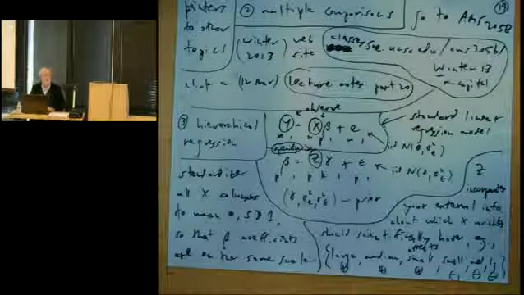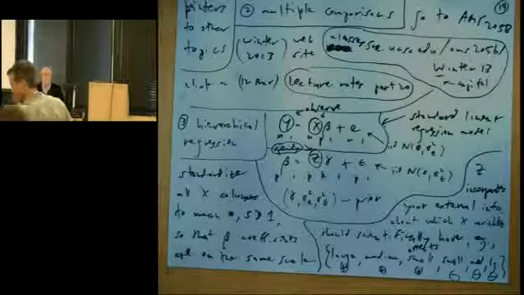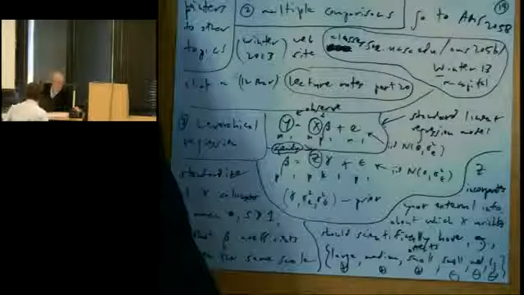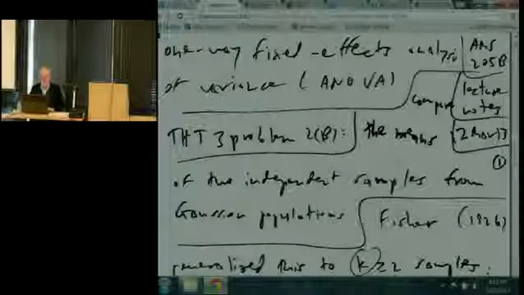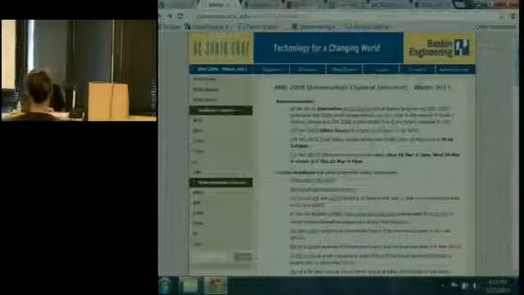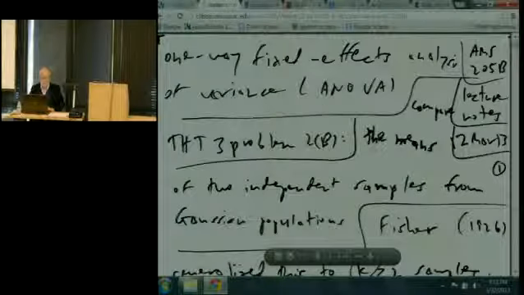So the basic topic here is one-way fixed effects analysis of variance. This is a web page from the course that I'm teaching. I just finished teaching at Santa Cruz, and if you go down to the relevant part of it and click on the lecture notes, you will find the following.